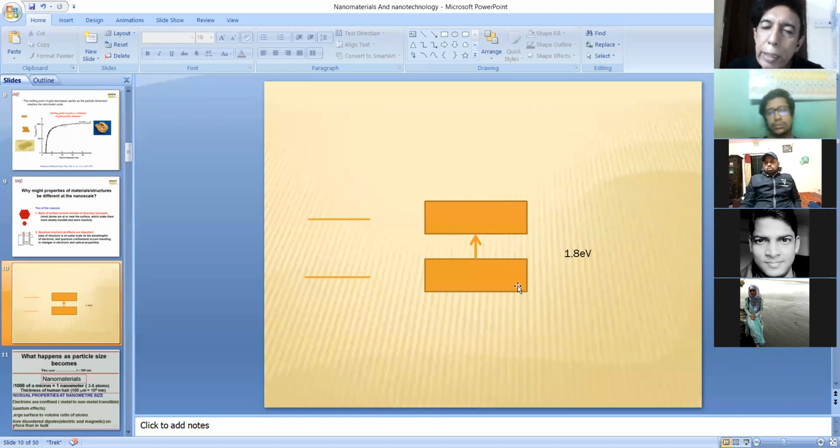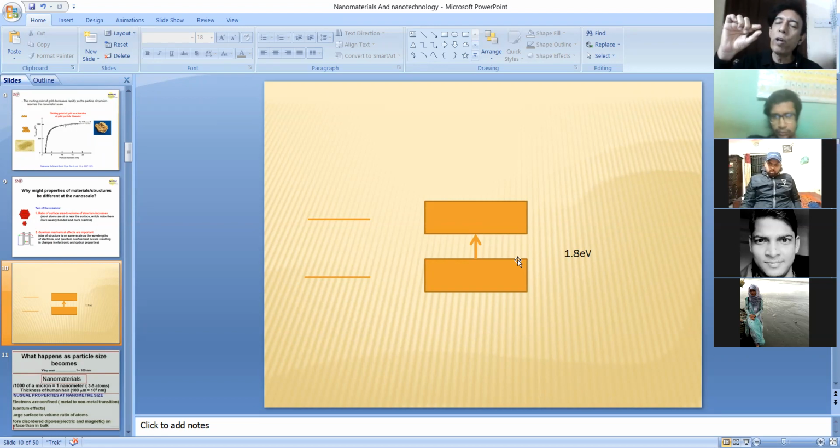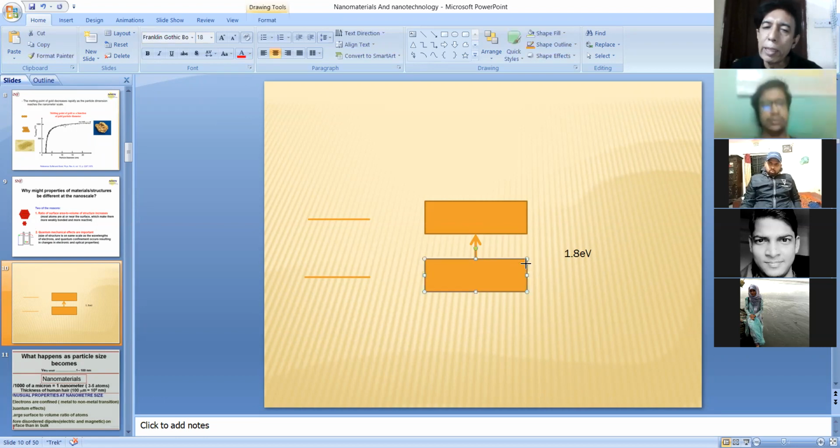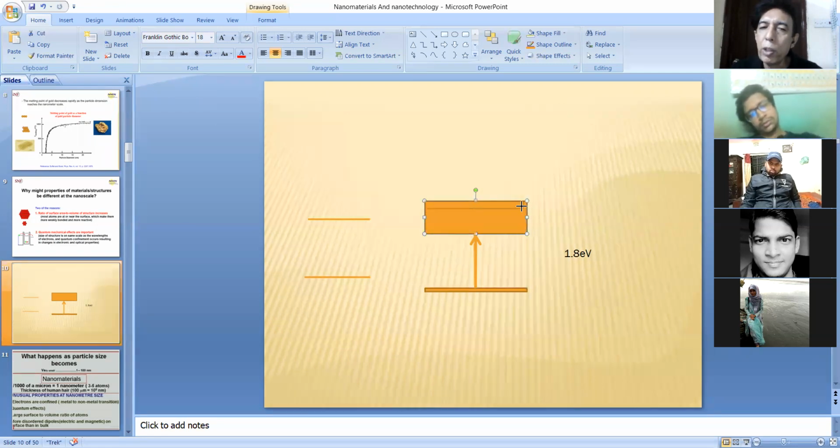So the bandwidth will be smaller, because here it is 6 into 10 to the power 3 lines, so the width is larger. For 50 lines, the band will be smaller. This is for 50 atoms, and this is the same in the conduction band also.